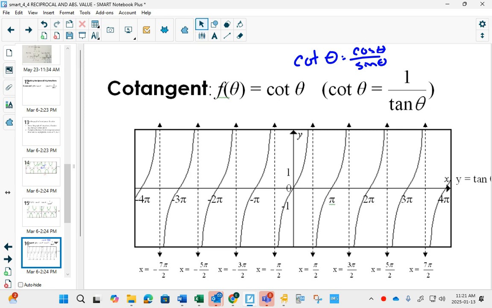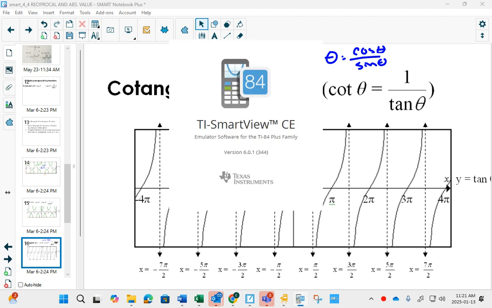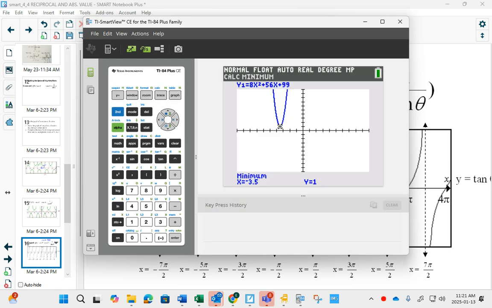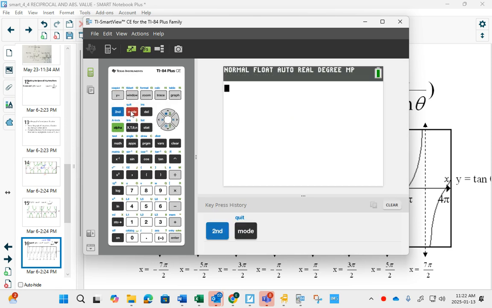And if you would go to your calculator, I'm going to pull up my calculator here. My calculator doesn't have a cotangent button. But we're going to check what happens if we did, right?